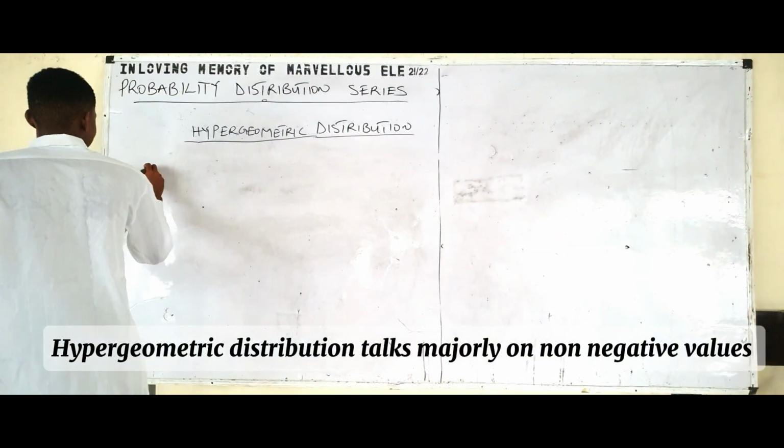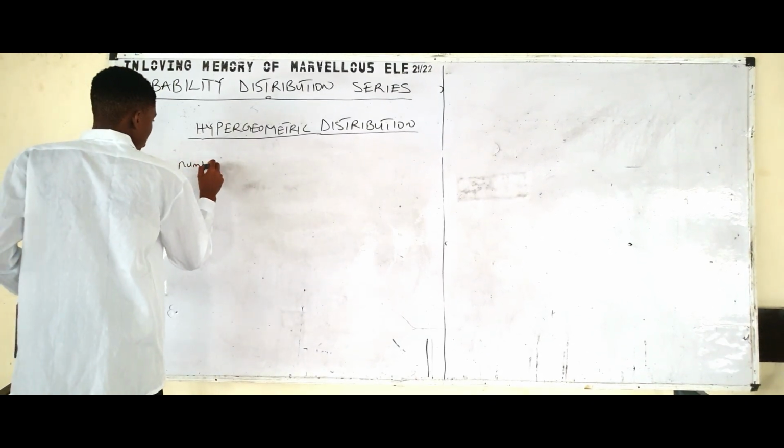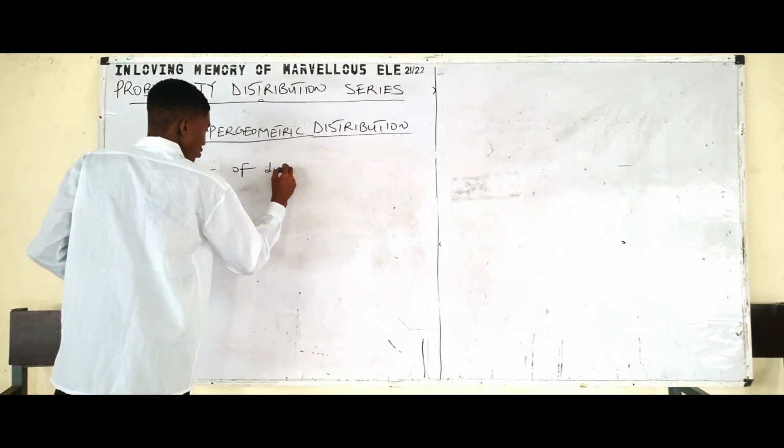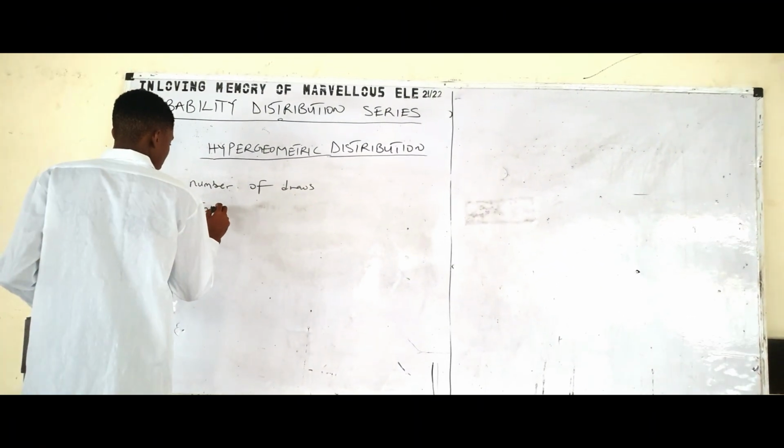Number one, small n, which stands for the number of draws. Capital N, which stands for the total population.